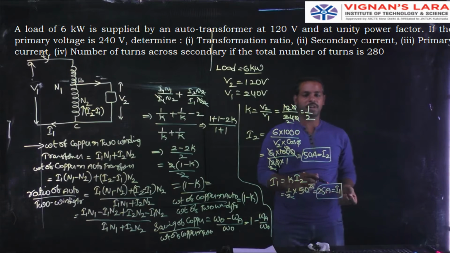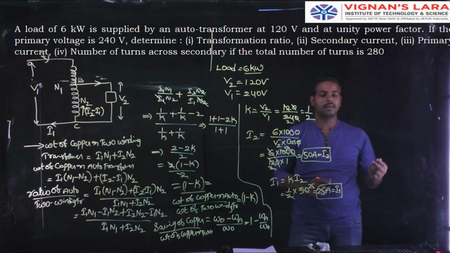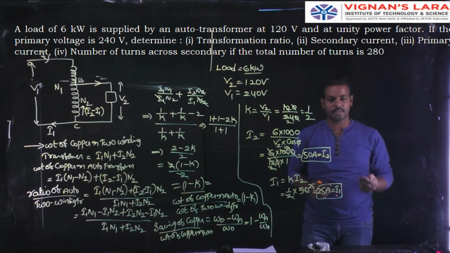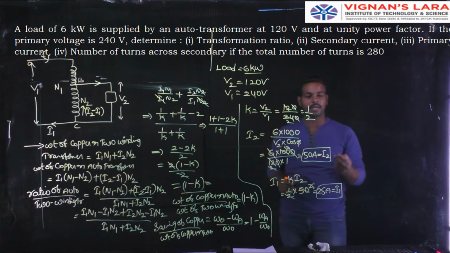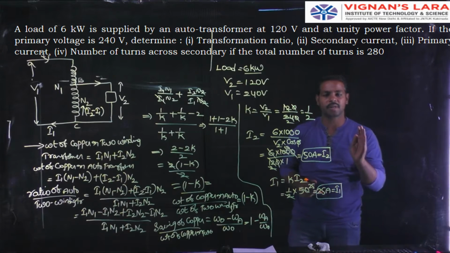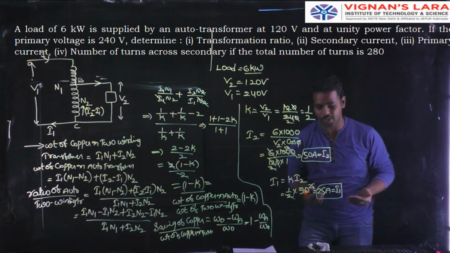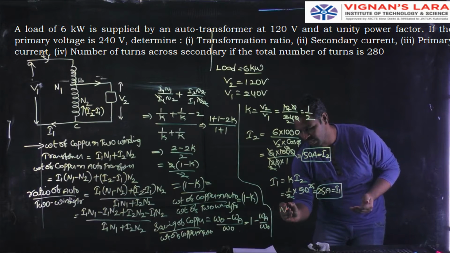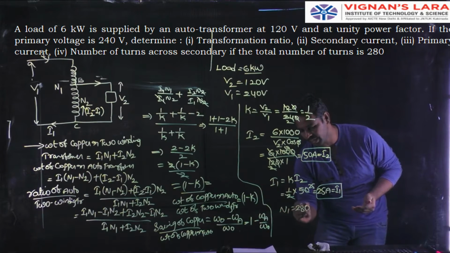Another one is the number of turns across the secondary. The total number of turns is 280, so N1 is equal to 280 turns.